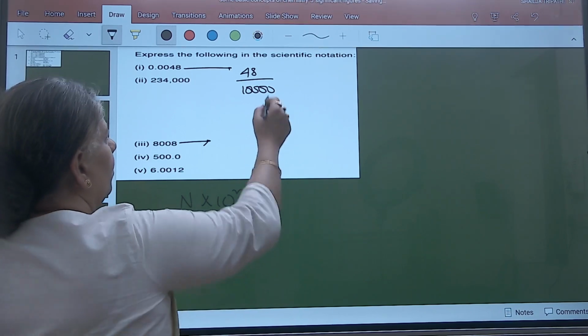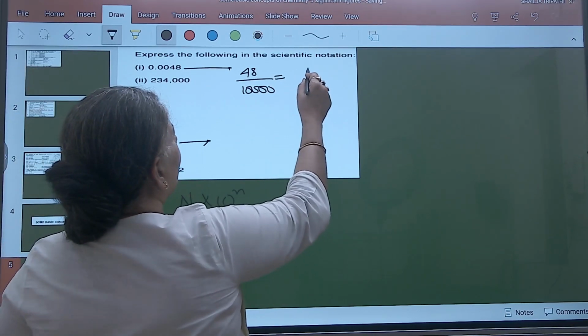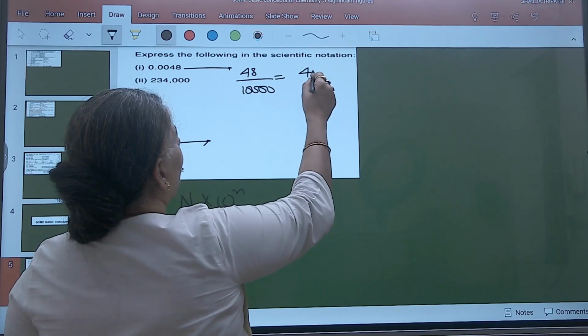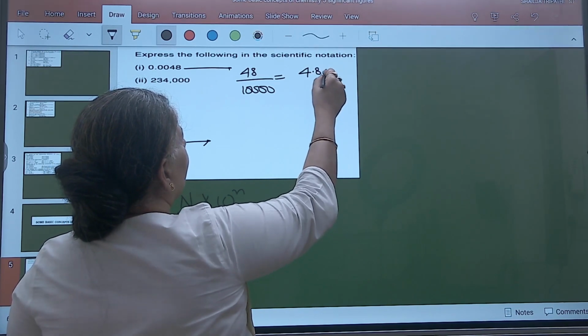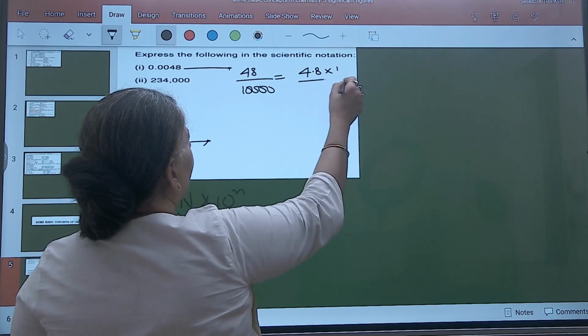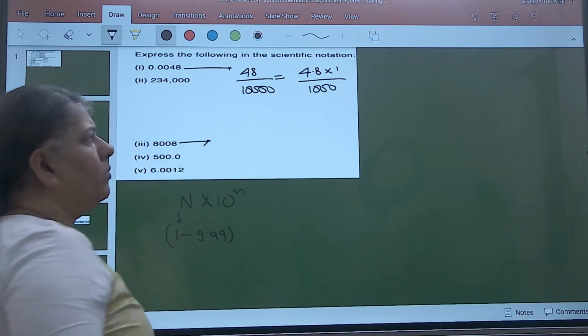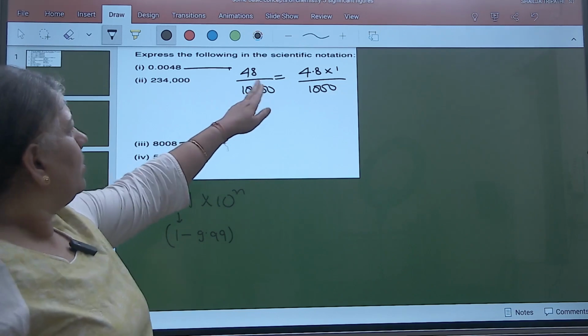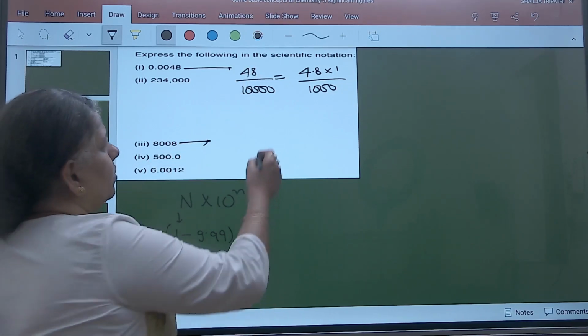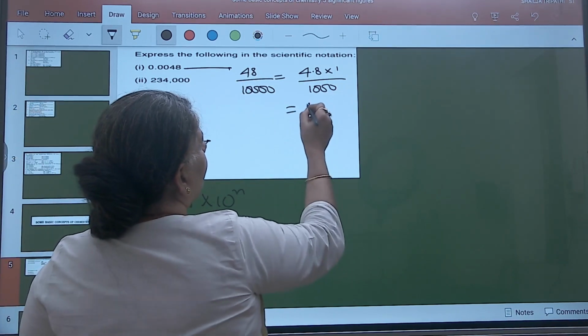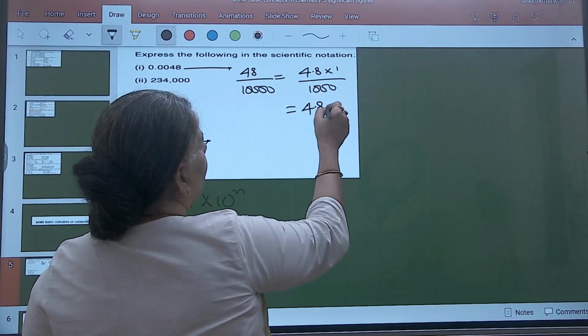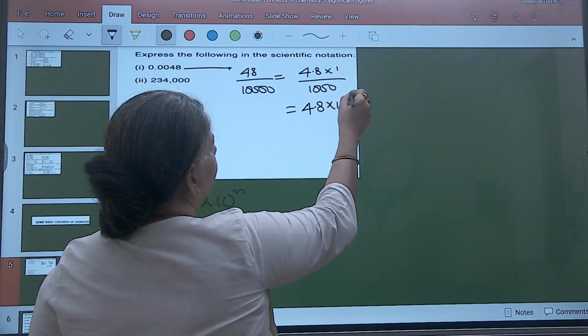Now what we can do, we can write 4.8 into 1 upon 1000. We have used 1 zero to place decimal. So this is 4.8 into 10 raised to the power minus 3.